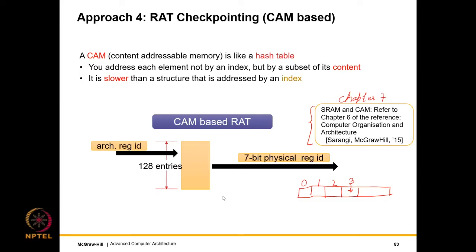A CAM array on the other hand is like a hash table. For a CAM array, we basically have an array of keys and an array of values. Both contain the same number of entries. What we can do is that we don't search by index, we search by the key, and what we return is the value.